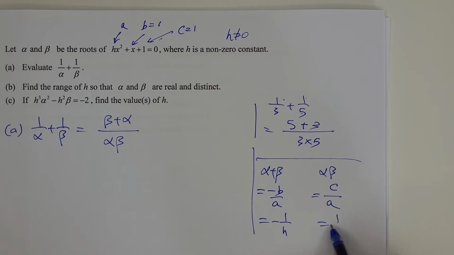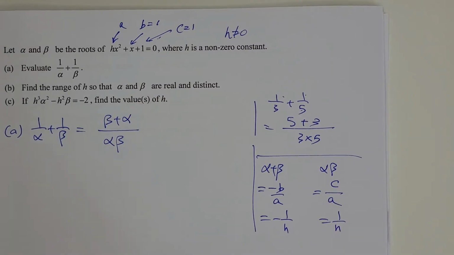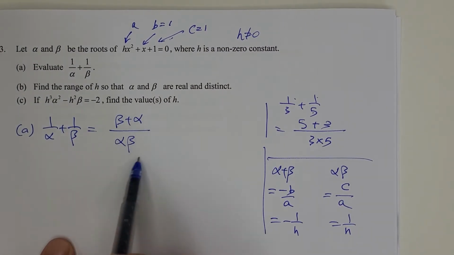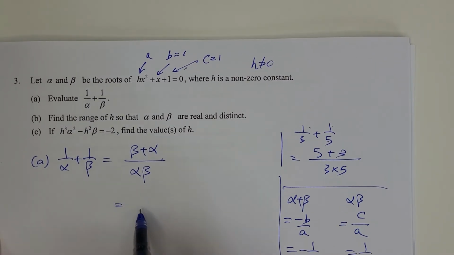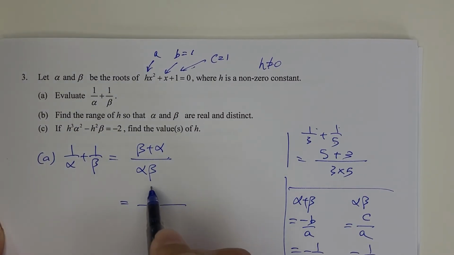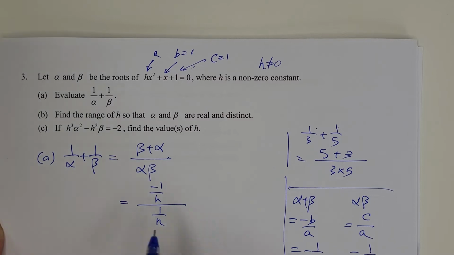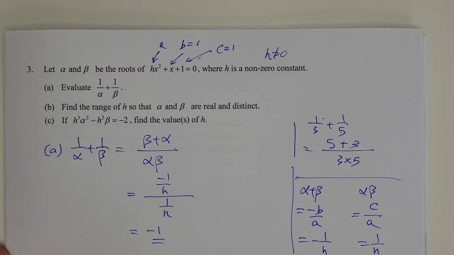So that is positive 1 over h. Therefore, beta plus alpha over alpha times beta can be simplified as negative 1 over h over 1 over h. You find that these two numbers are exactly the same, so you simplify it as negative 1. So that's finished, part A.